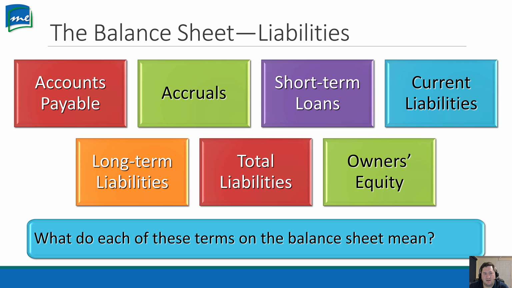These are things you're going to pay. Could be a short-term loan from a bank. It could be from another company. Things like that. These will be paid off very quickly. Current liabilities, so that's all of these: the accounts payable, accruals, and short-term loans, that's your current liabilities. Long-term liabilities, depending on how your company defines it, is generally longer than 1 year.